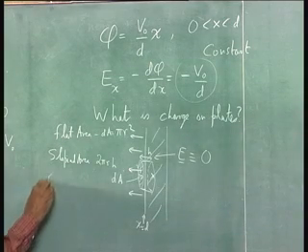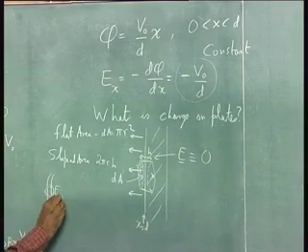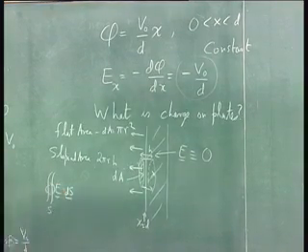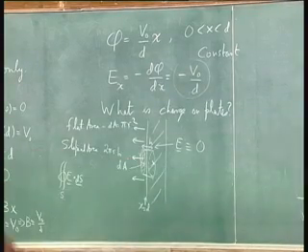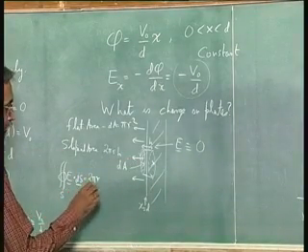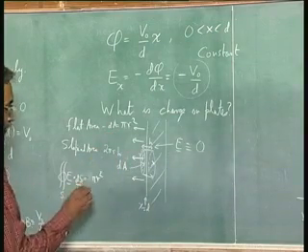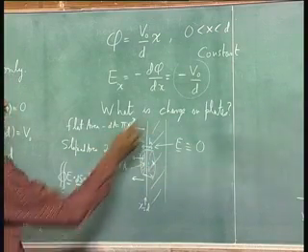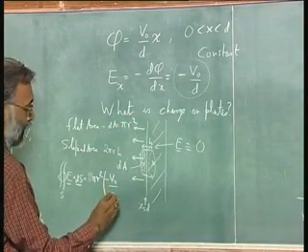So, if I do the surface integral E dot ds, I only get one surface contributing, that is pi r squared times this electric field, that is minus V naught over d.